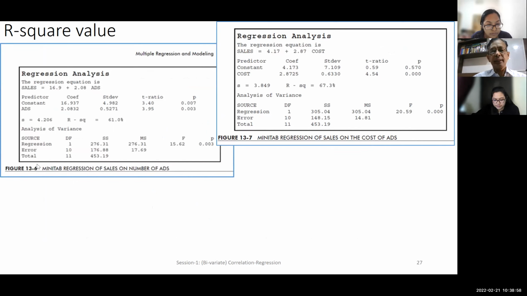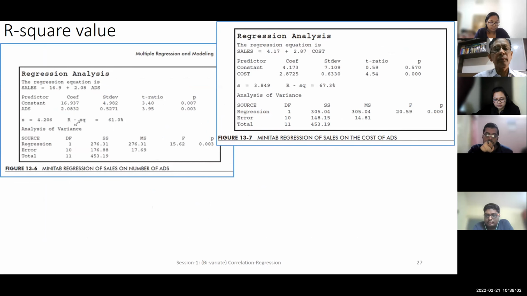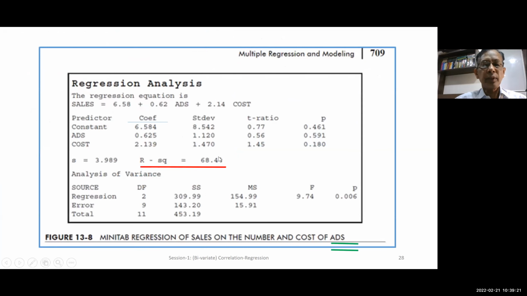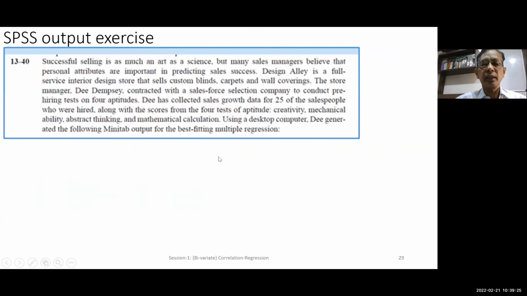Those individual values had been obtained or not, sir was checking. I'll share this PPT, don't worry. Sir, this is DF, degrees of freedom. That we will cover. This is part of our discussion, Jyoti, and this is the SPSS output.